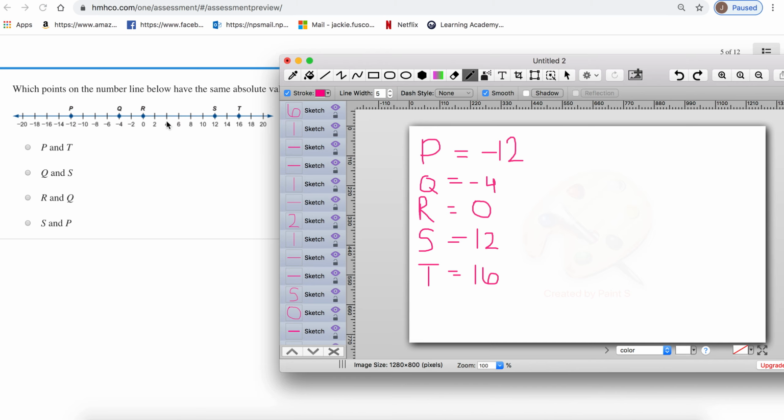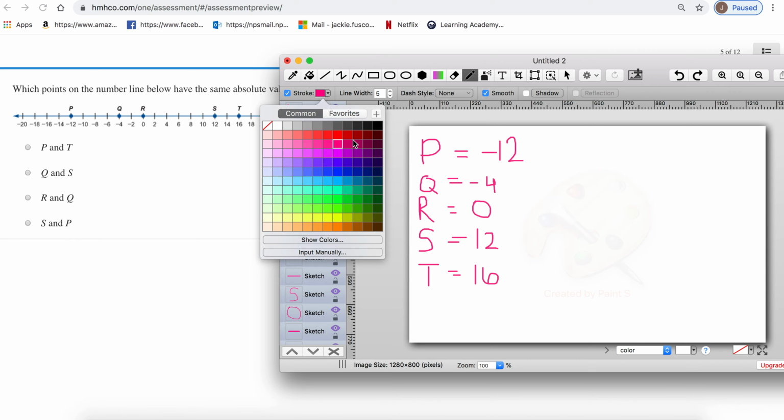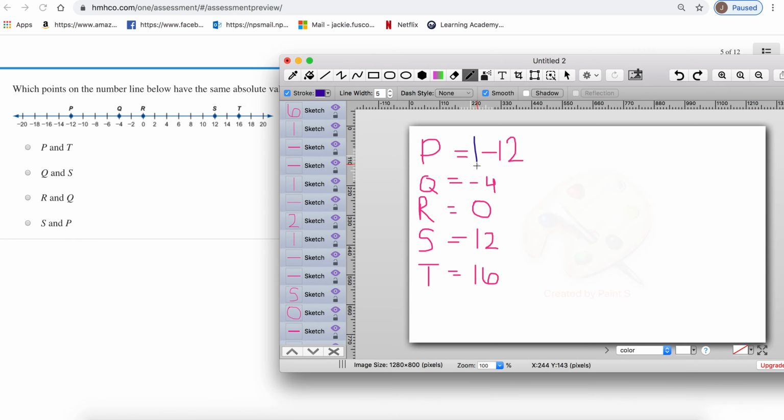Okay, now it's asking which points on the number line have the same absolute value. Remember, absolute value makes my negative number positive because it's the distance from 0. So the absolute value of -4 is +4. The absolute value of 0 is still 0.